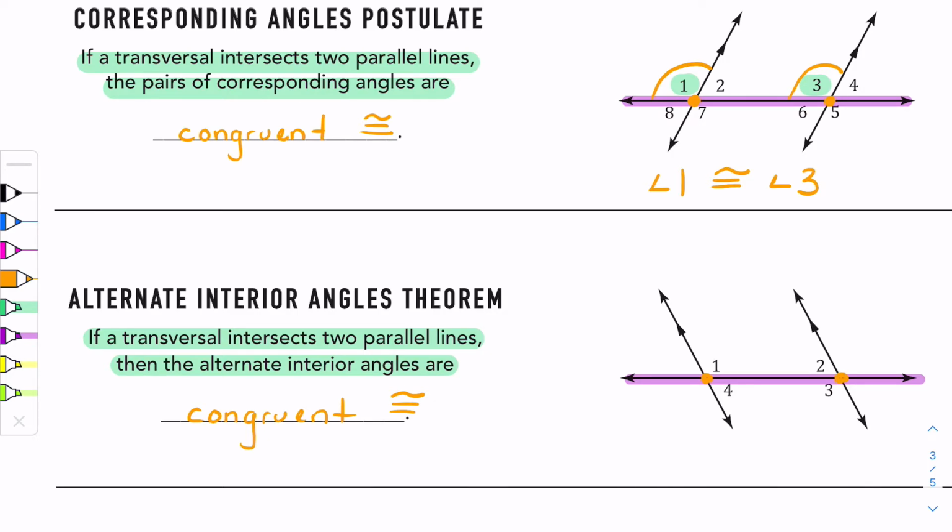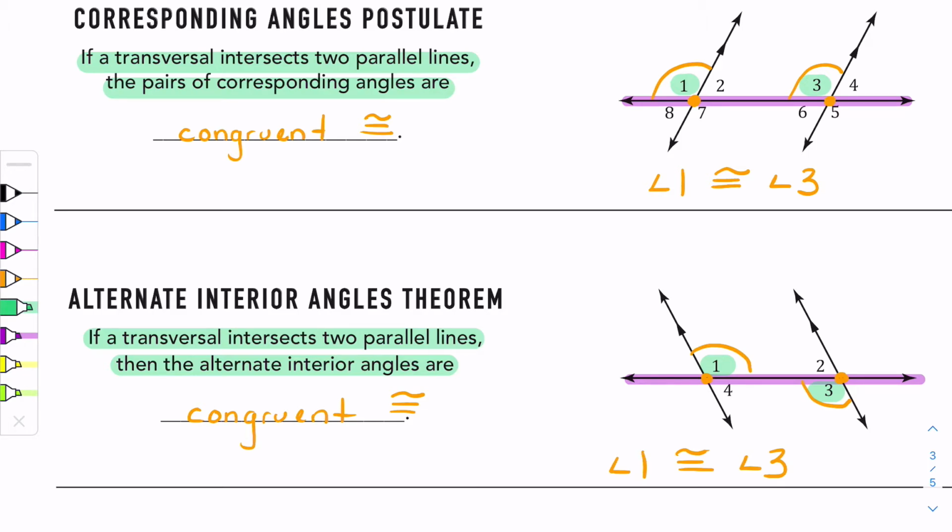Alternate interior angles could be angle 1 and angle 3, or we could say angle 2 and angle 4. But angle 1 and angle 3 are alternate interior angles, so we automatically know that they are congruent. If your directions said to provide reasoning, you would say because of the alternate interior angles theorem.